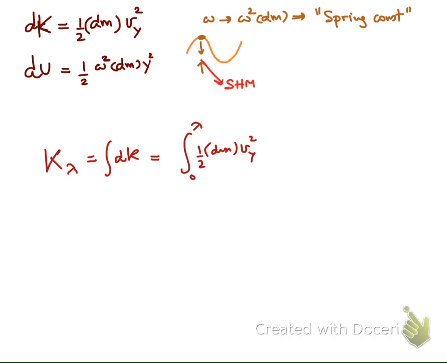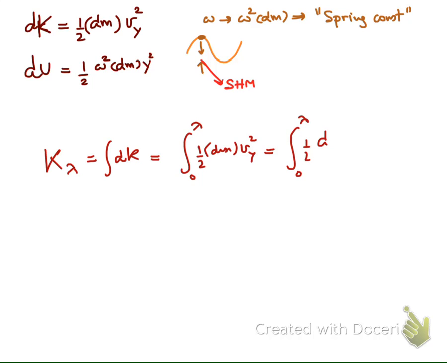Next, we know that Vy can be expressed as the cosine function. So this equation will become the integral from 0 to lambda of the half of the dm.